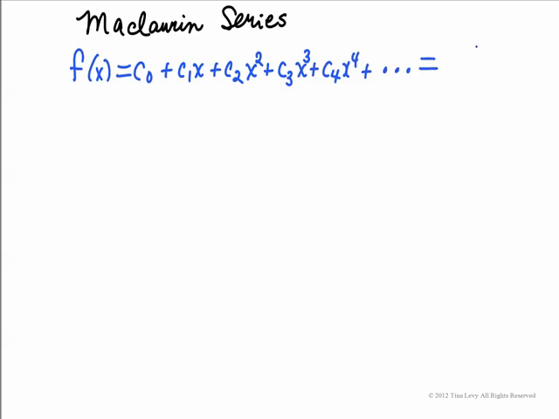So we can write it as the series n goes from 0 to infinity, c sub n x to the nth power, where c sub n are the coefficients of x powers. We're going to assume that the function f of x has n derivatives.